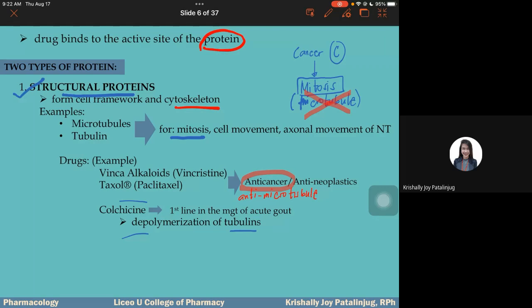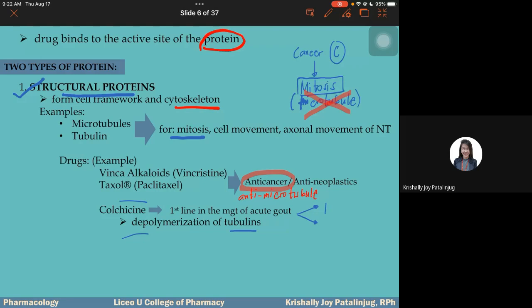Okay, now let's try to relate. How can colchicine, or why is colchicine classified as anti-gout given its action that it targets tubulin? So recalling, for a patient diagnosed with gout, there are two manifestations observed.